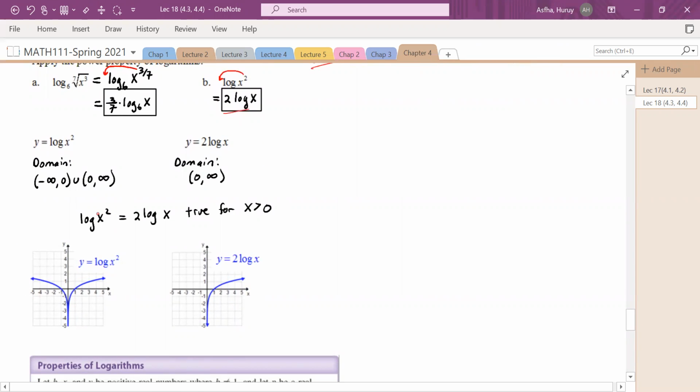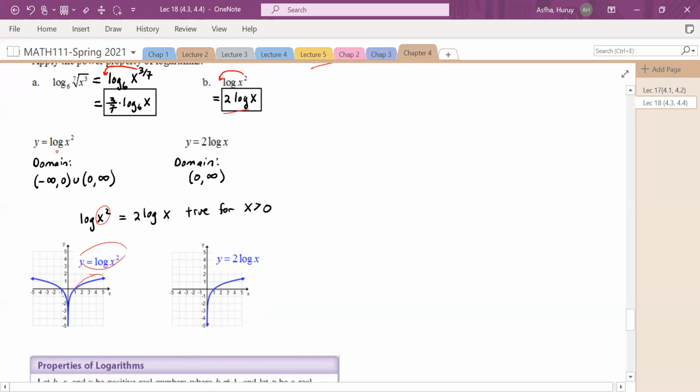Let's say if we have log x squared, this is 2 times log x. And the graph for this one is, we have 2 of them. One is this, going to the left, another is this, going to the right. Okay, because this is the domain.